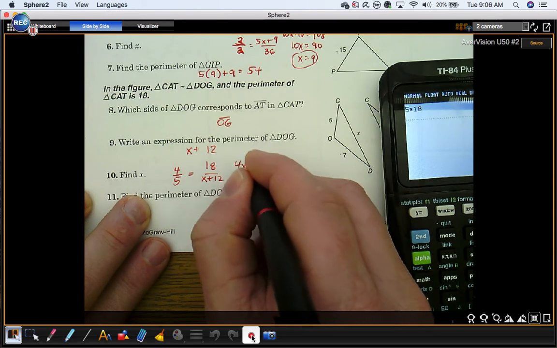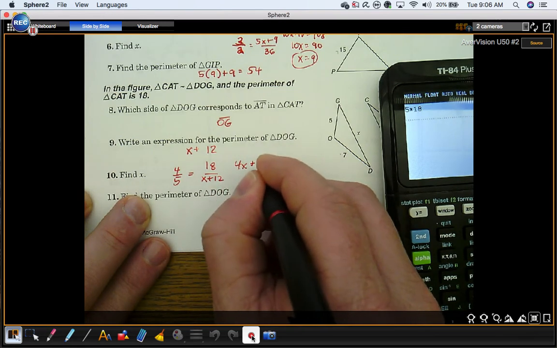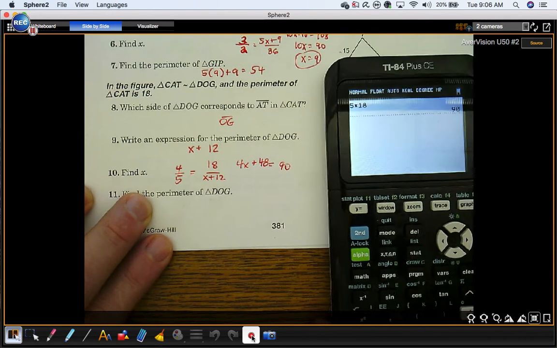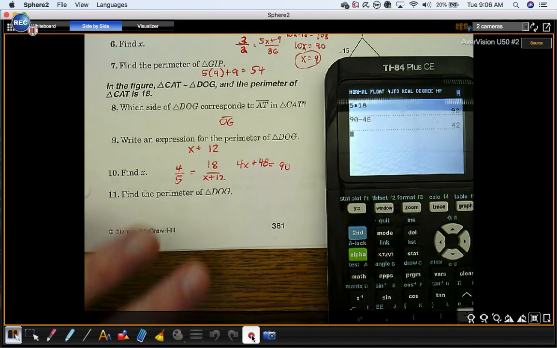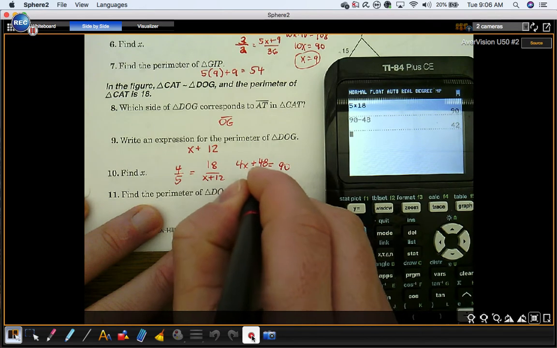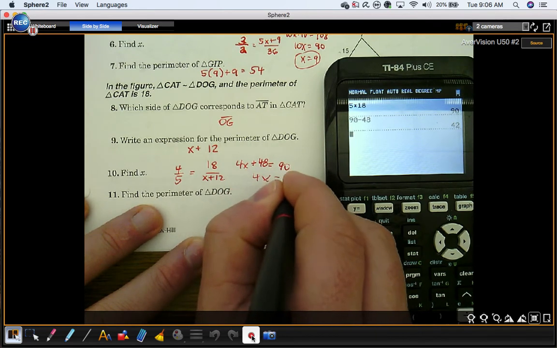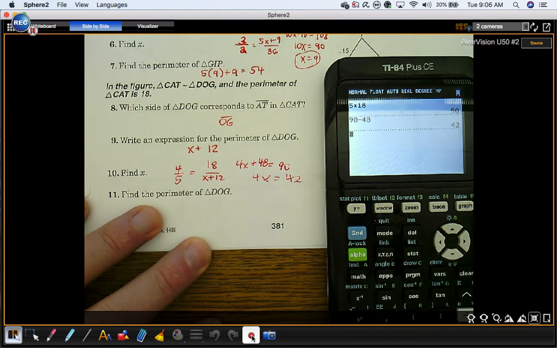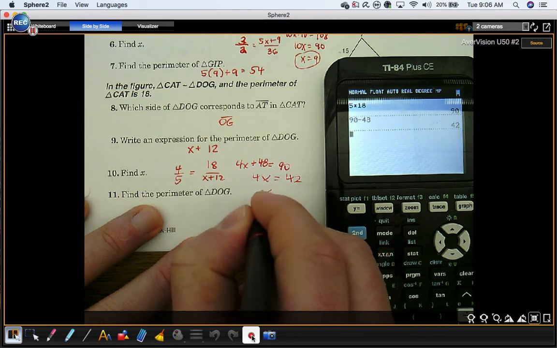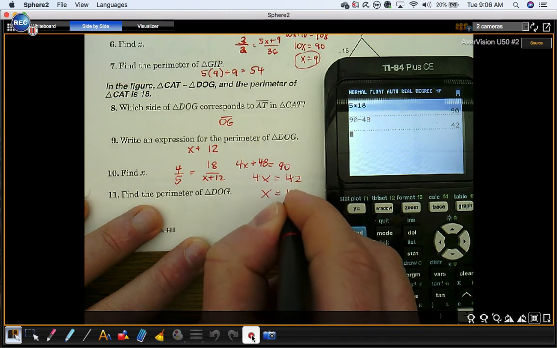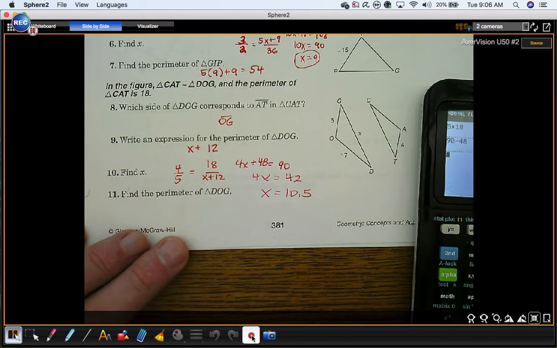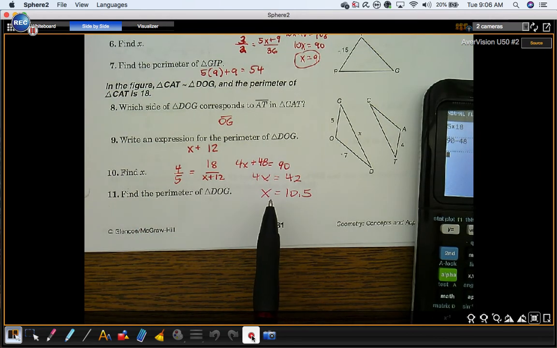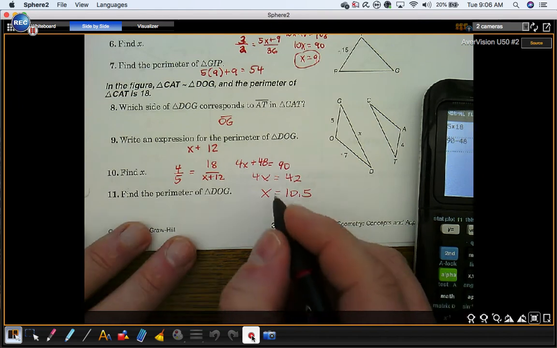We'll get 4X plus 48. Divide by 4. I'm going to give you a 10.5, I think. So that's the value of X, 10.5.